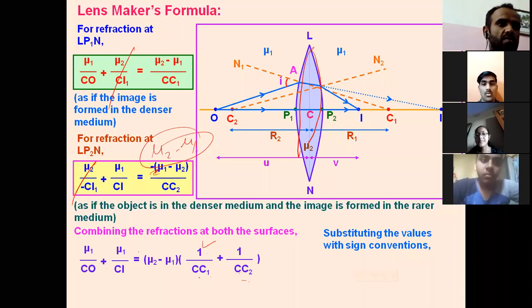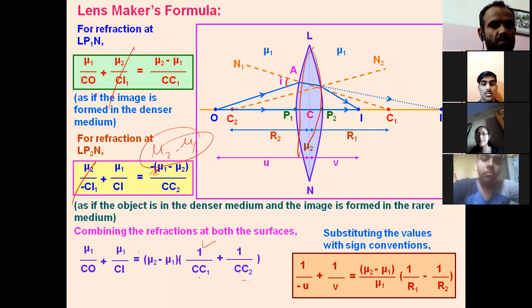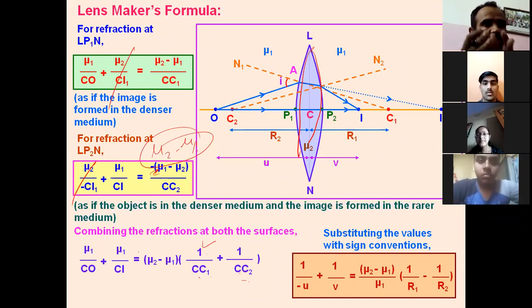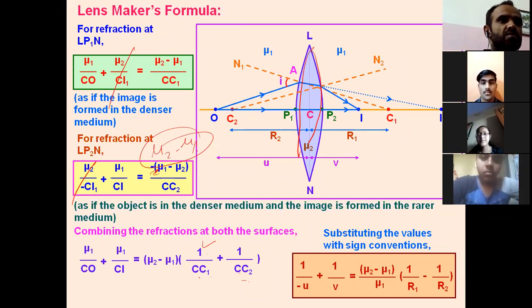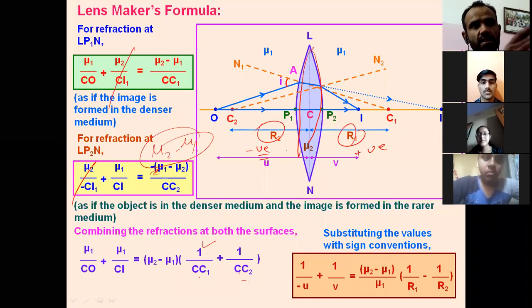R2. We will put those formulas, and U is always negative, you can see. Image is found on the right side, so it should be taken as positive. Similarly for R1, CC1, R1 is on right side, so this is positive, and this is on left side, so this is negative. Why? Because we are measuring the distances in the direction of light. Okay, opposite to that are taken as negative.